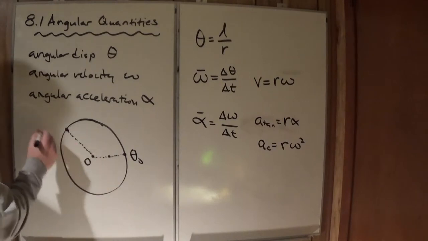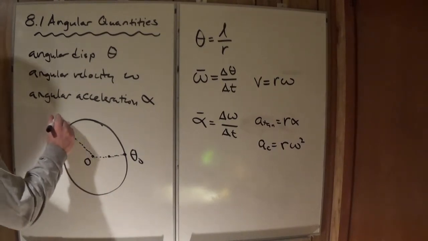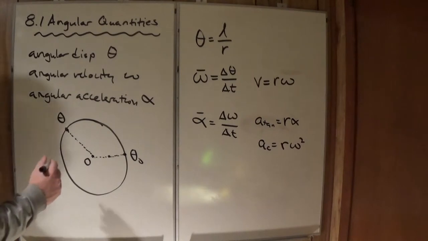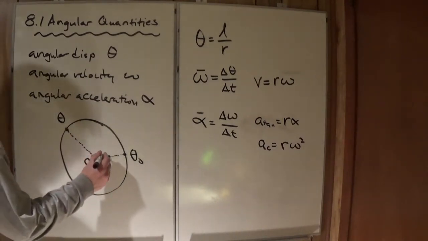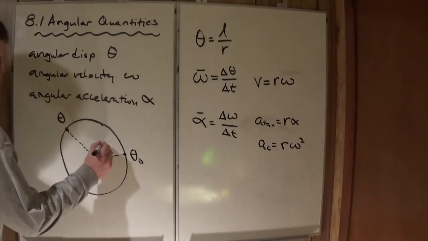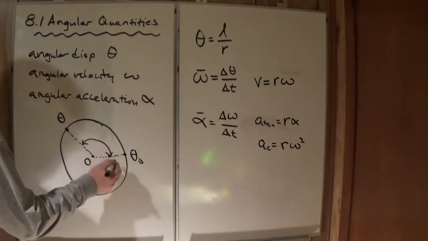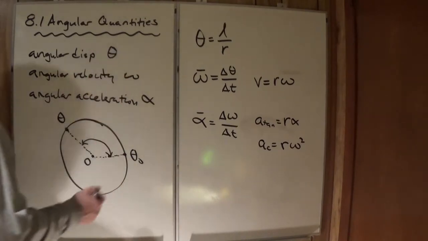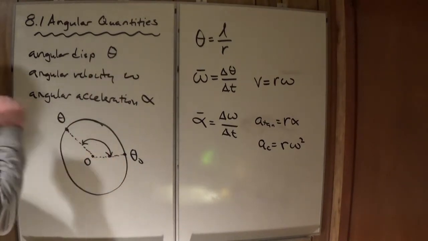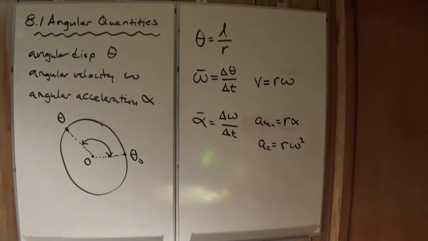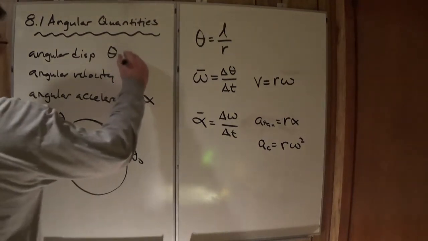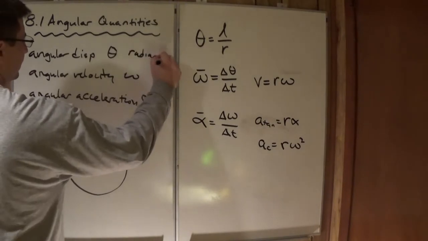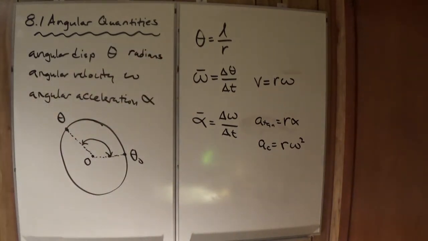So here I'm going to choose this as my second angular position, theta. And the change in angular position is the number of degrees or radians that we need to traverse to get from this angular position to that angular position. And that's simply what angular displacement is. It's a number of degrees that you rotate through. Now in rotational kinematics we usually do this in radians rather than degrees, because all of our rotational kinematics equations work with radians.